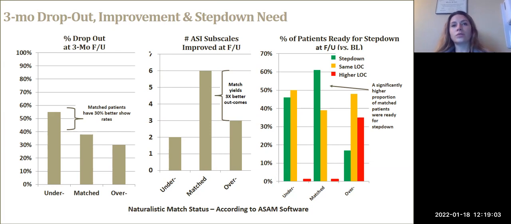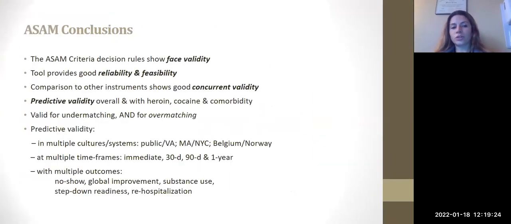So we used some sort of tool that assessed them and said that, you know, it's recommended that they need intensive outpatient, or it's recommended that they need an RTC, or it's recommended that it's okay for them to stay at an outpatient level, or maybe they actually don't even need outpatient because they don't meet full criteria for a substance use disorder. So being able to do that matching is really important.